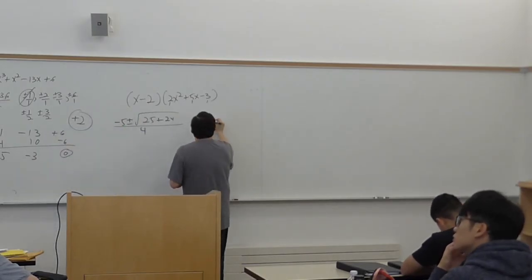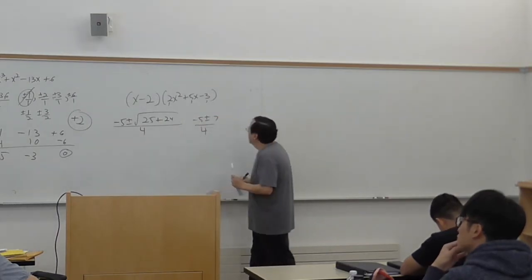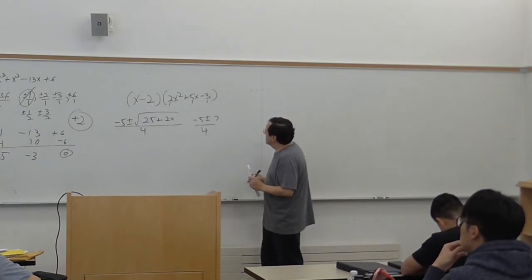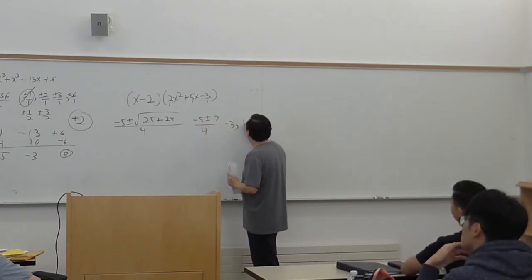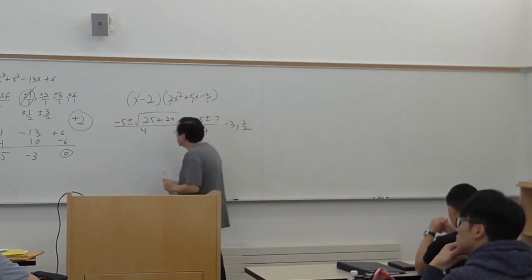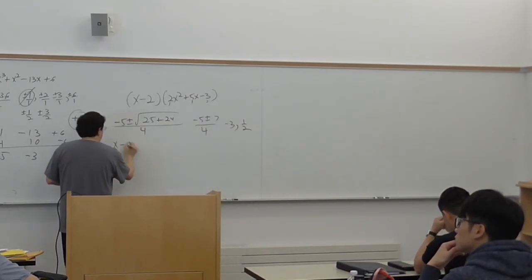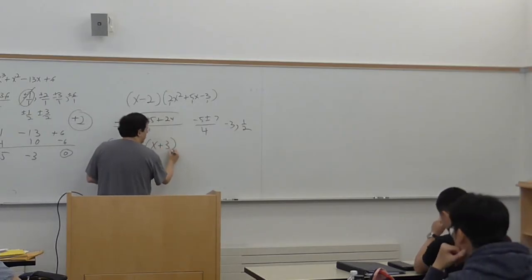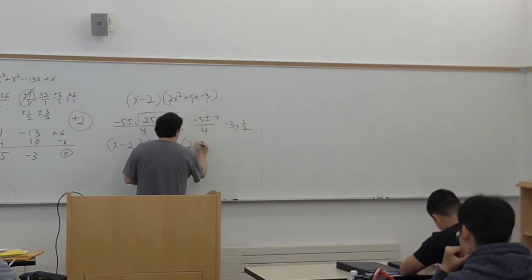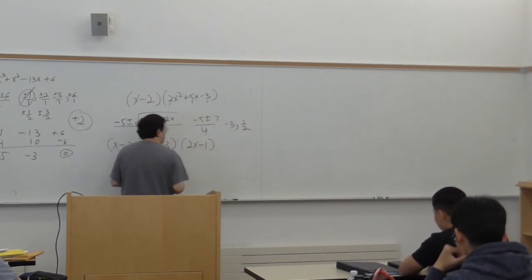So negative 5 plus or minus 7 over 4. Negative 12 over 4 would give me negative 3, and 2 over 4 would give me 1/2.